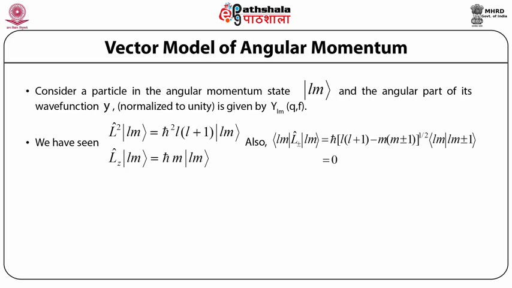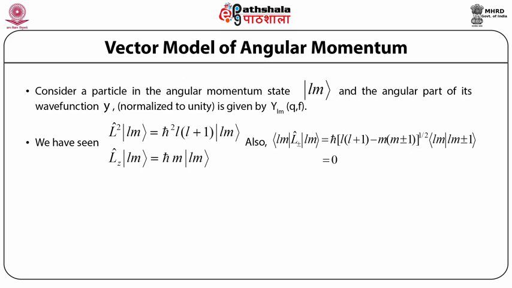Lz acting on the ket vector Lm gives h cross m times ket vector Lm, where h cross m is the eigenvalue corresponding to the operator Lz.